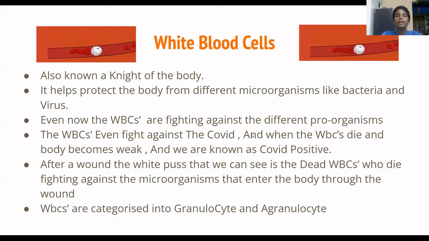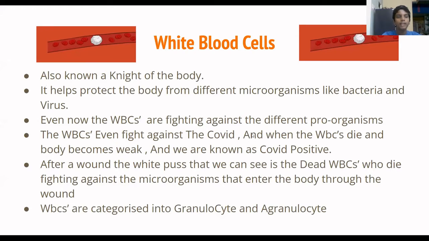The next topic is white blood cells. They are another kind of blood cells. They are also known as the knight of the body. They help in protecting the body from different microorganisms like bacteria and viruses.